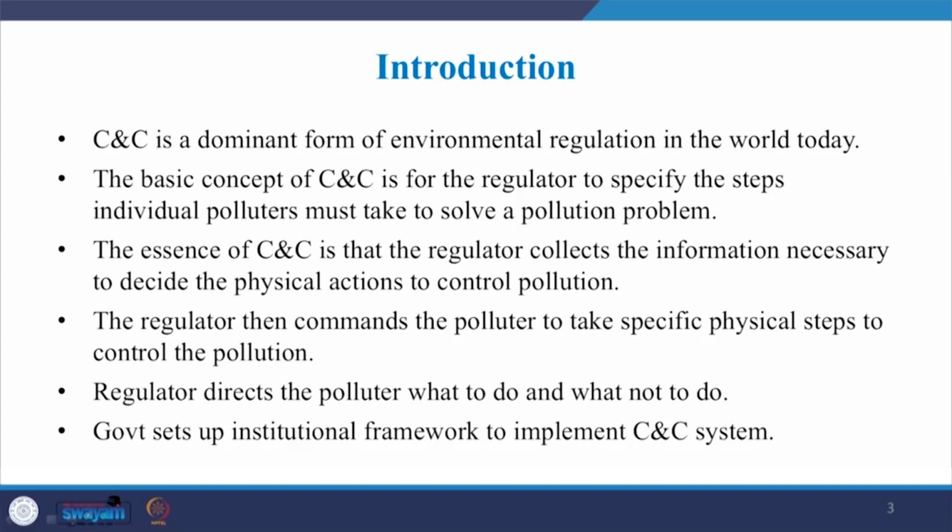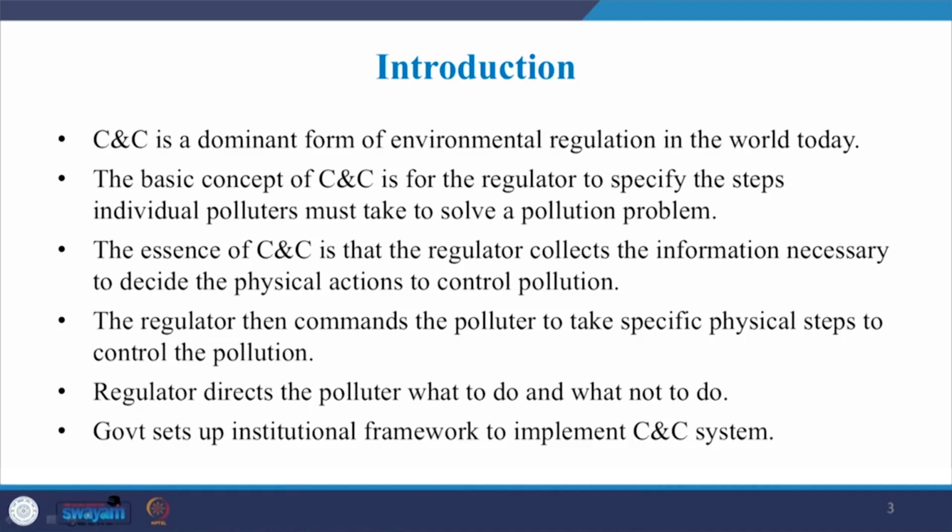So, command and control system is a very dominant form of regulation. Under this system, the regulator or government directs the polluters to follow the instructions of the government. Governments can set certain kinds of standards related to the environment and these standards are to be met by the polluters.